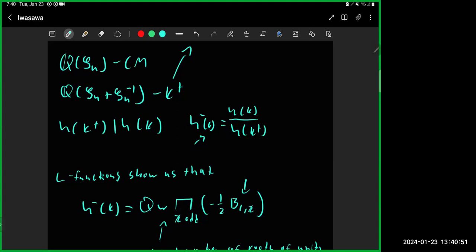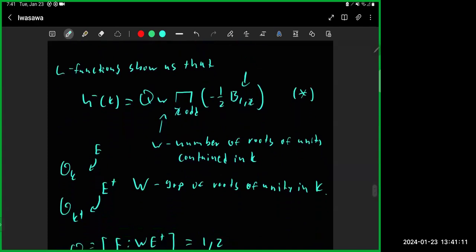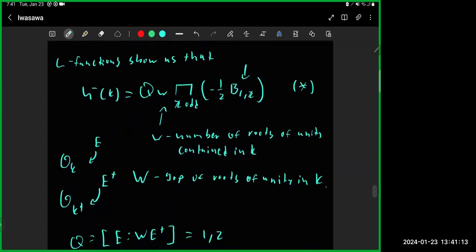Okay, so after this, this point that I'll mark by a star tells us that L functions have a lot of power to them, since this formula is actually proven by making big use of L function values. So if L functions hide so much information about the class number, how can we find out more?